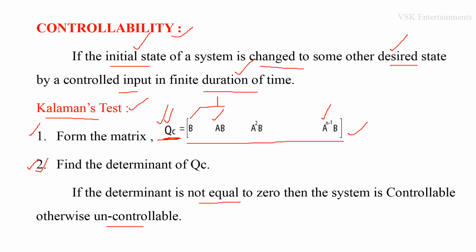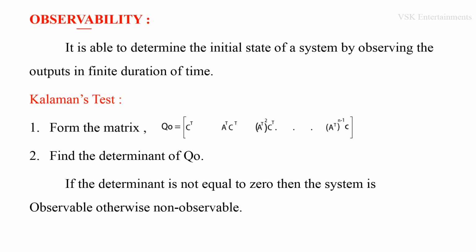Similarly, coming to the concept of observability, the name itself indicates the concept. By observing the output of a system in a finite duration of time, we determine the initial state of the system. That concept is called observability.